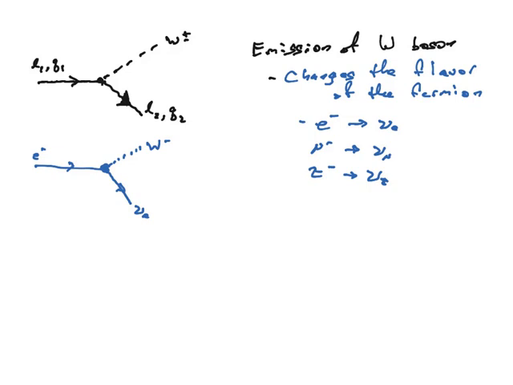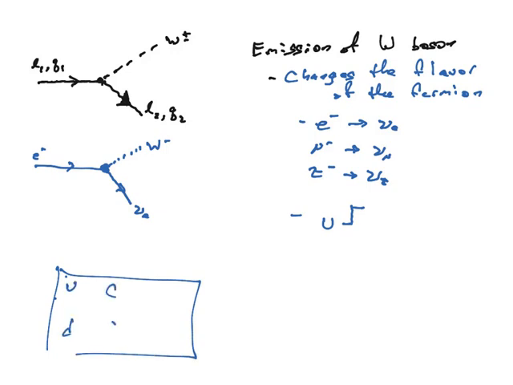If we're talking about quarks, it goes like this. Let's say you have an up quark. Well, that up quark can change into one of the others in its family. So an up can become a down, or a strange, or a bottom. If you remember the table, we had up, down, charm, strange, top, bottom, right?